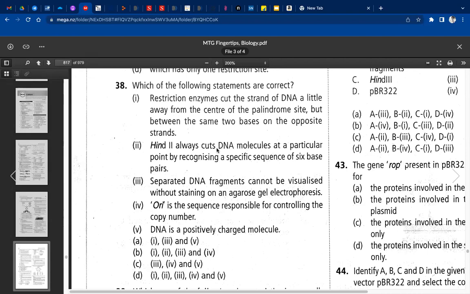Third: separated DNA fragments cannot be visualized without staining on an agarose gel electrophoresis. Fourth: ori, which is the origin of replication, is the sequence responsible for controlling the copy number. Fifth: DNA is a positively charged molecule. Now you have to see the options below and tell me which one is the correct option containing the correct statements.